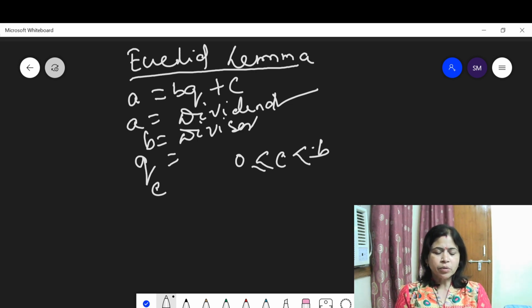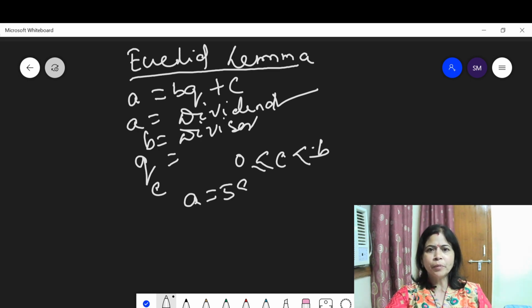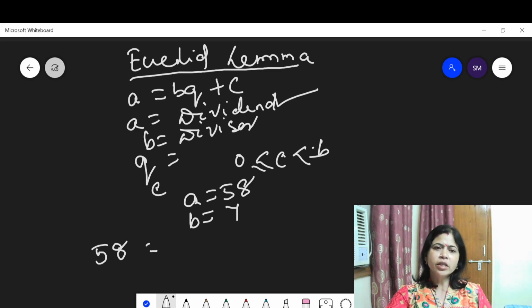Let us proceed and take an example. Suppose a is equal to 58 and the divisor given is 7. When you divide 58 by 7, you get 8 as the quotient and 2 as the remainder.